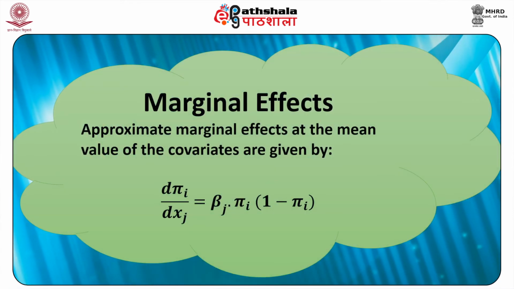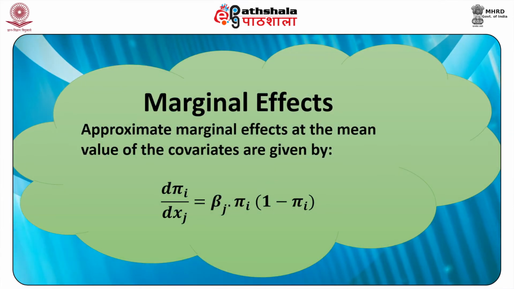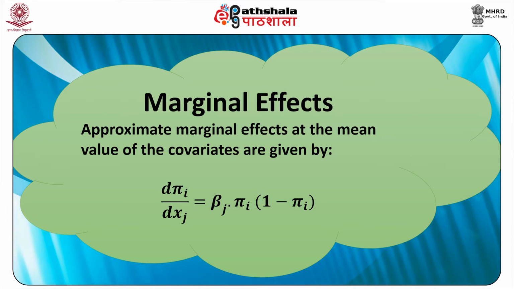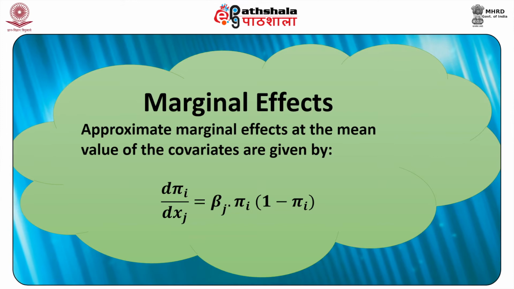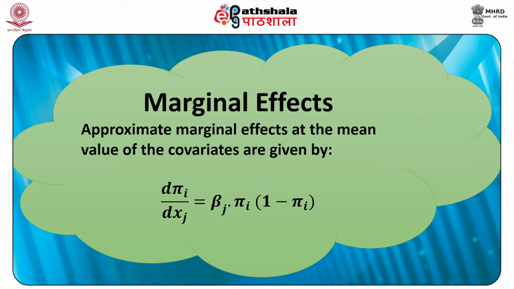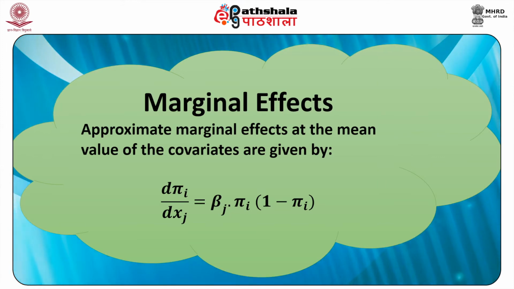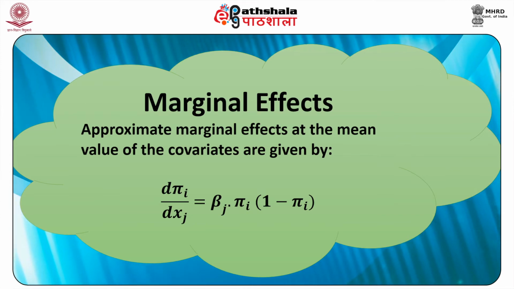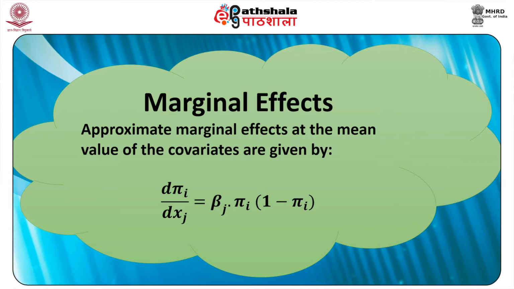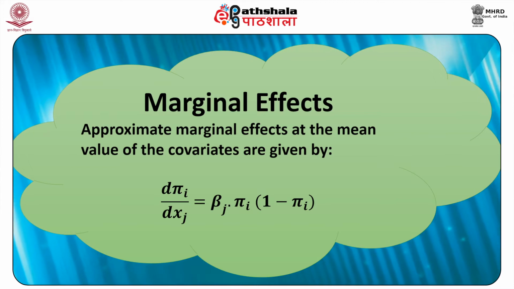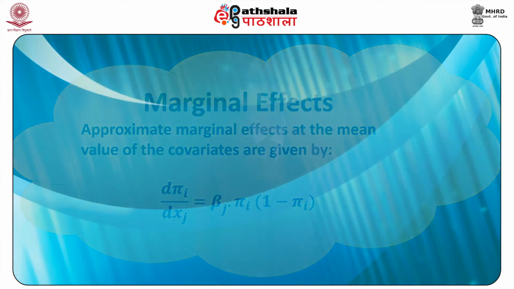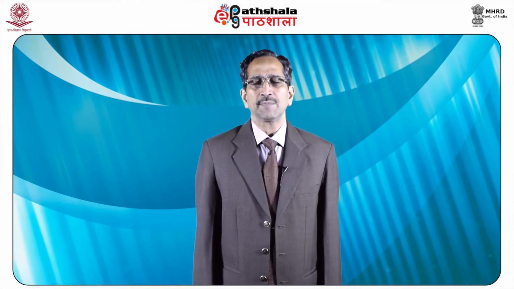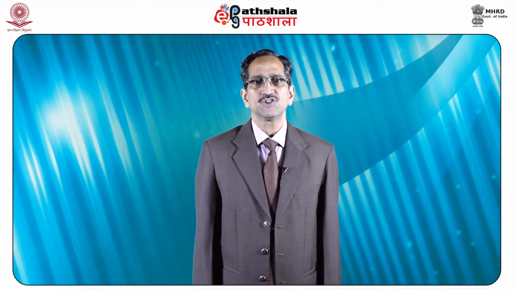The approximate marginal effects at the mean value of the covariates are given by derivative of phi I with respect to derivative of xj, which is equal to beta j into phi I into 1 minus phi I, or this symbol you may also call as pi I. For binary independent variables, marginal effects measure discrete change.